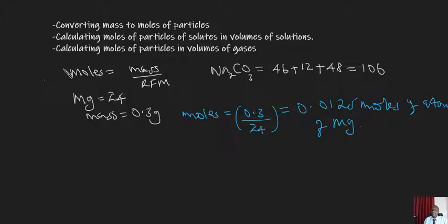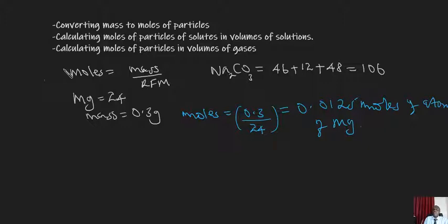So already we have counted all the atoms inside this piece of metal, the way you can talk of 0.5 dozen, 0.25 dozens of articles. That's how we have done it.